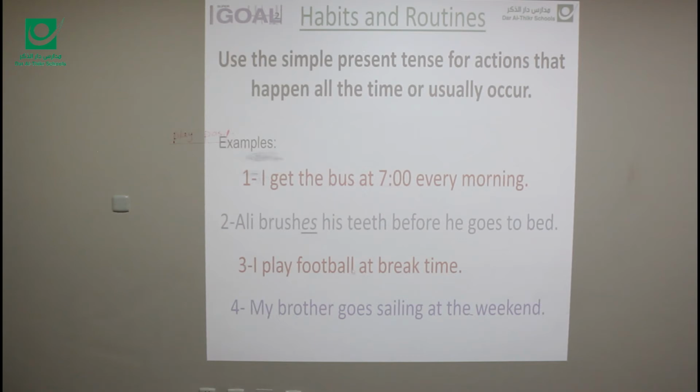I play football at break time. The last sentence: My brother goes sailing at the weekend. Okay? These actions happen all the time or usually occur.